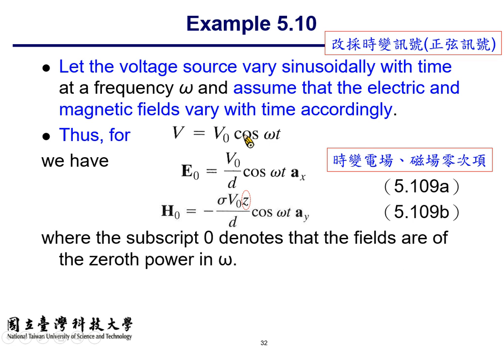So if you apply a time variant voltage source to this structure, then both the electrical field and the magnetic field can be expressed as time variant functions, as in equation 5.109.